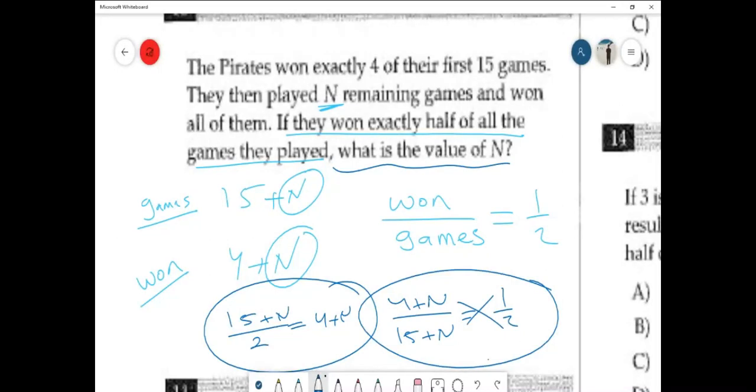You can use either of them, it doesn't matter. You'll find the same answer. It says find the value of n. When you cross multiply and do the math, you'll find n. Any problem here? Any question? Do you understand? No, sir, we did. Okay, thank you.